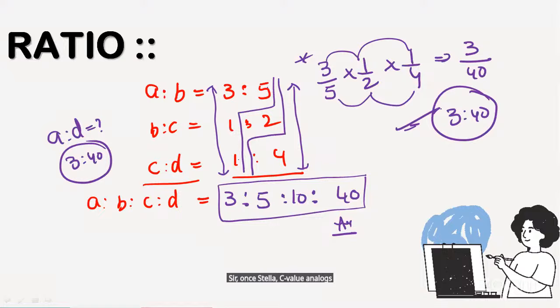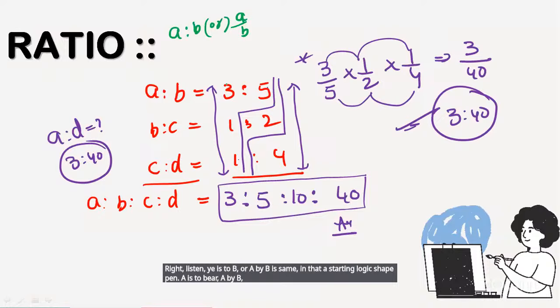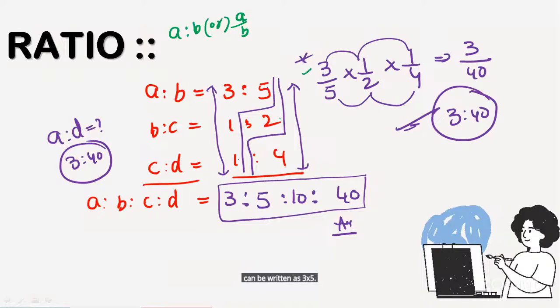First 3/5 logic, second into 1/2. Listen, A is to B or A by B is the same, as I told you at the start. 3 is to 5 can be written as 3/5, 1 is to 2 can be written as 1/2, so 1 is to 4 can be written as 1/4.